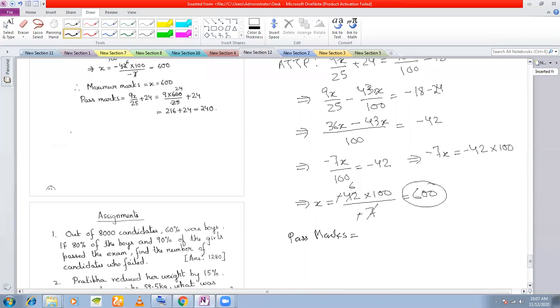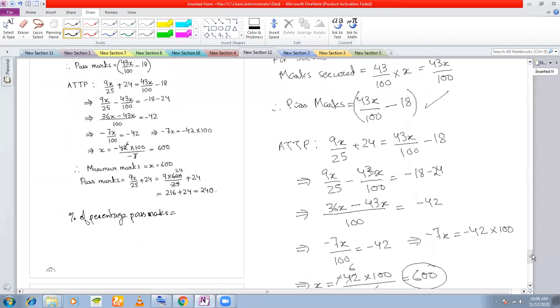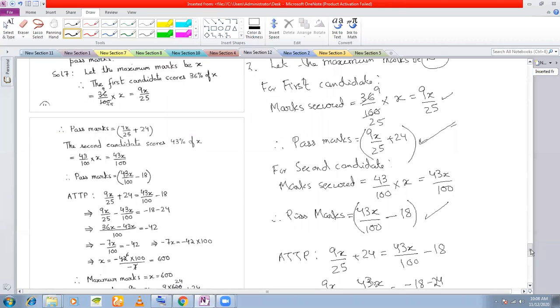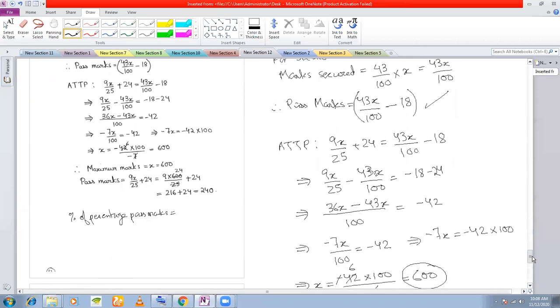There has to be one extra step here, percentage of pass marks. You just add this to your notes, percentage of pass marks. I've forgotten to do this. Okay, so first let us calculate pass marks here. What is the pass marks? You either put in 9x by 25 plus 24, or you put in 43x by 100 minus 18. Let us put it in the first one, 9x by 25 plus 24.